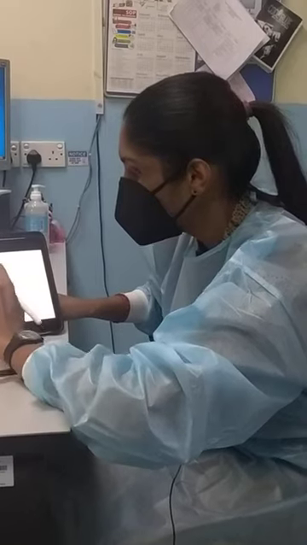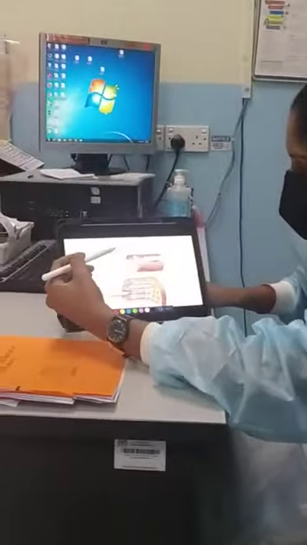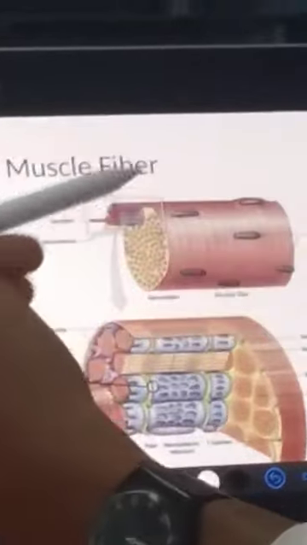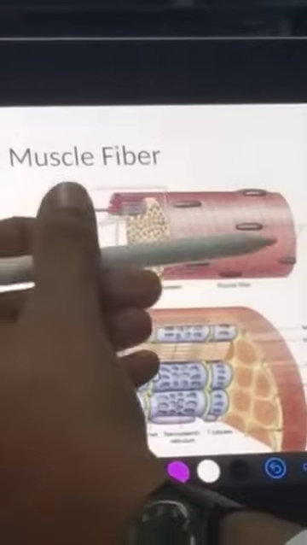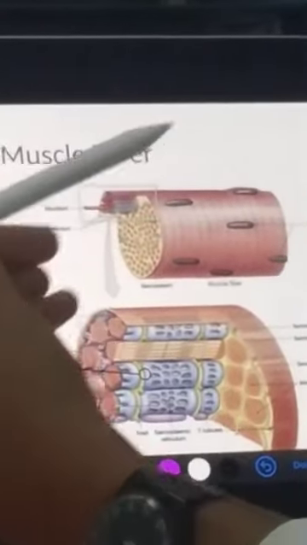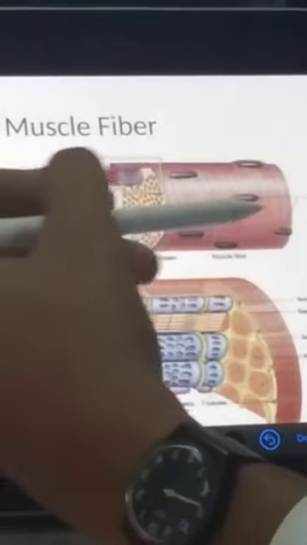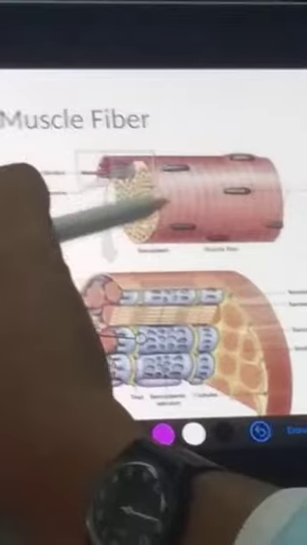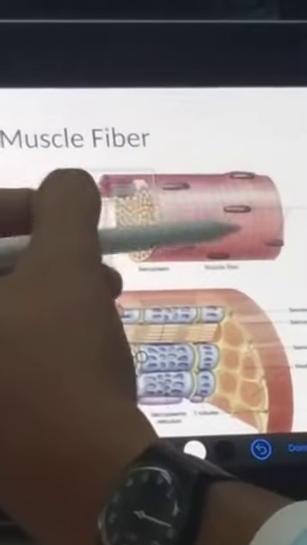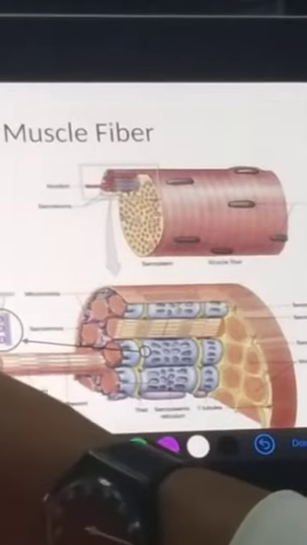Next I'm going to go further in, to the muscle fiber, which is called a muscle cell. If you see, there are a lot of nuclei here. What is different from other cells is that it is multinucleated. Also, there are stripes here, so these muscle cells have a striated appearance.